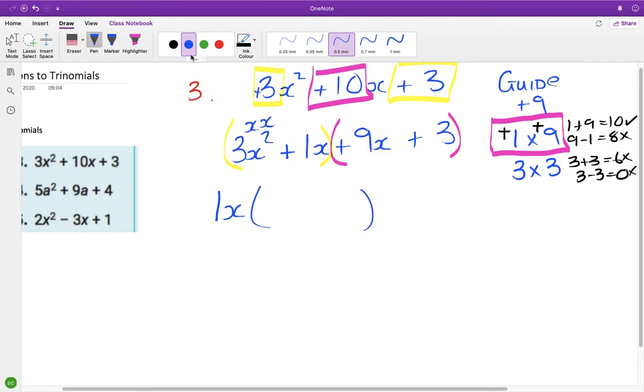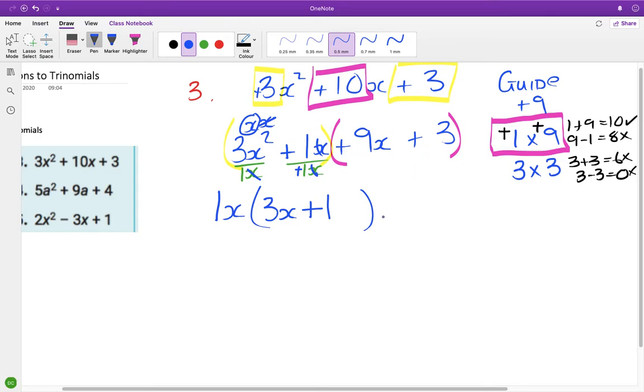And I open up my brackets, and I'm going to divide by my highest common factor, which is 1x. So 3 divided by 1 is 3, and this x will cancel out one of these, leaving 1 behind. This 1x that I'm dividing by is positive, so signs are the same, meaning I get plus. 1 divided by 1 is 1, and the x's will just cancel.